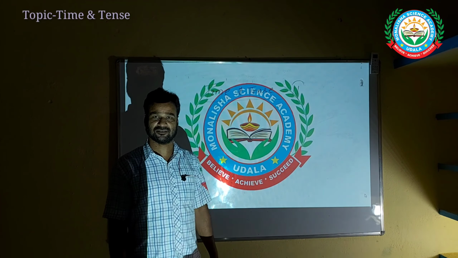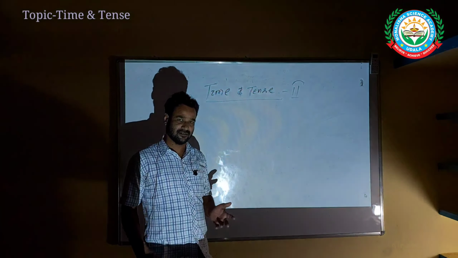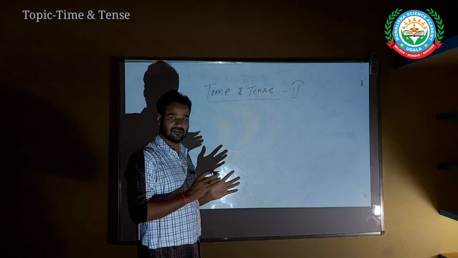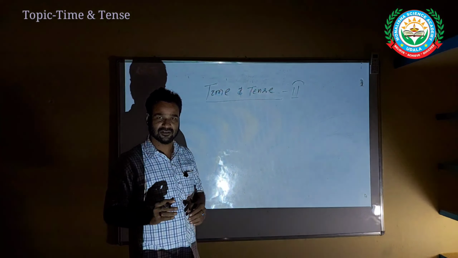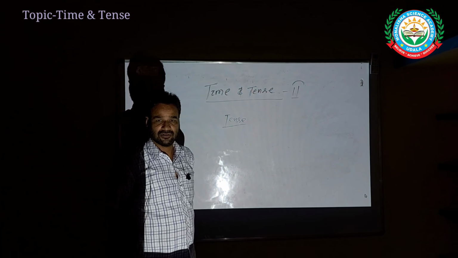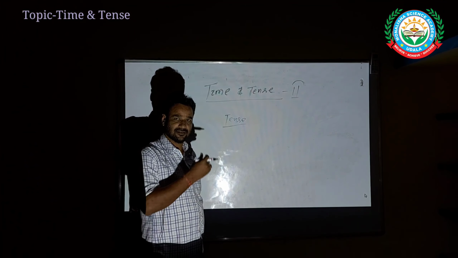First of all, I would like to give a recapitulation of what I had taught you in the previous class. Recapitulation means give a short description about time and tense. I would like to once again tell you that tense is nothing but the different forms of verbs.